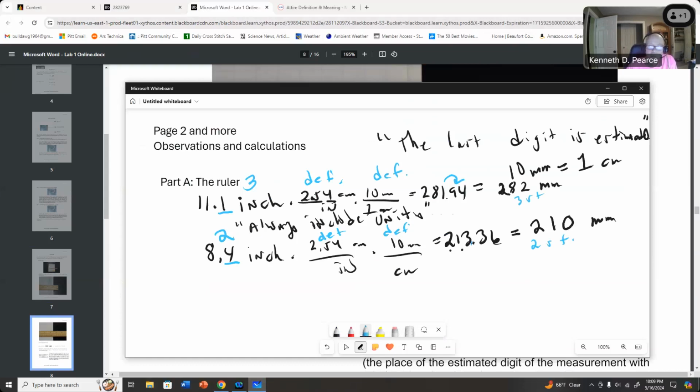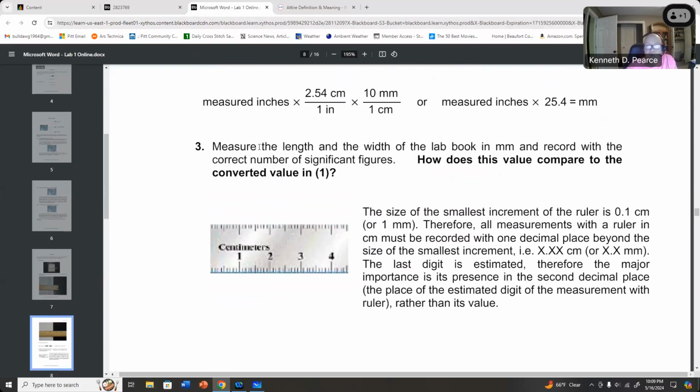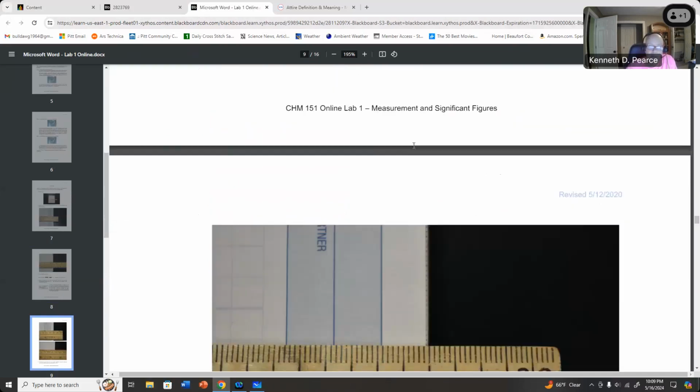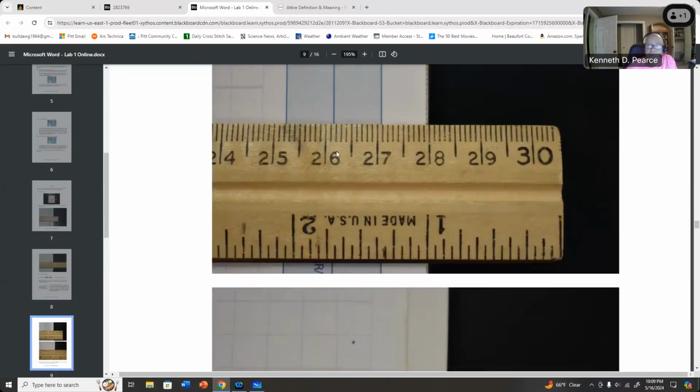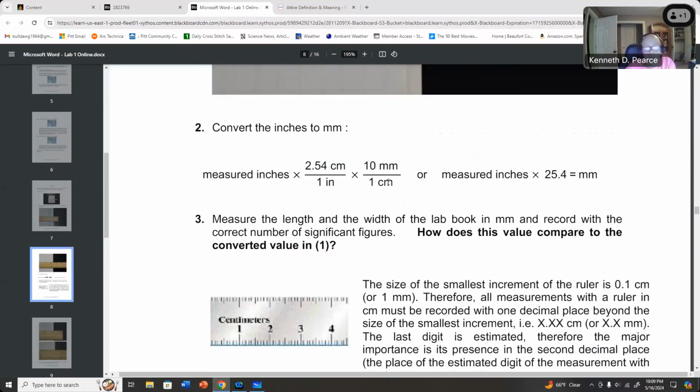Okay, so we just went through and converted following the directions. Once we made our measurement, we converted it to millimeters, just like it asks us to do here. See, convert the inches to millimeters. And now we've made the measure of the length and the width in millimeters directly. And so we're given the centimeter side. Now millimeters is centimeters times 10. It's right here, 10 millimeters for every 1 centimeter.